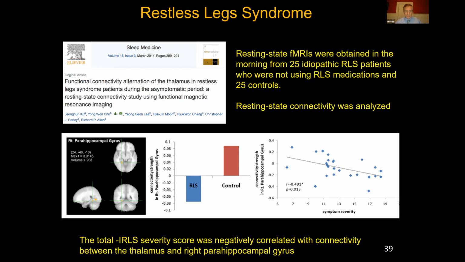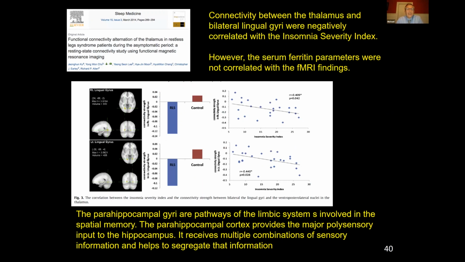Sorry, I want to make sure I didn't jump 2 slides. Yep. So if we continue on with the same paper, thinking about how this group is looking at that, there was a negative correlation between the bilateral lingual gyri, which are way back here. They're always called lingual, but they're not up by the tongue. They're back in the bottom of the occipital region of the brain.